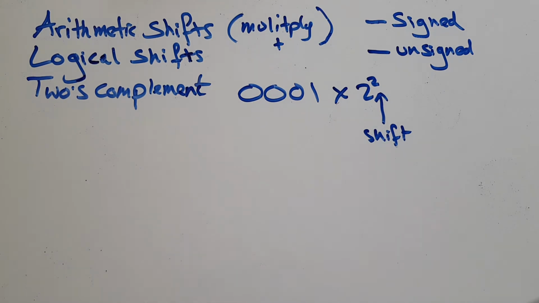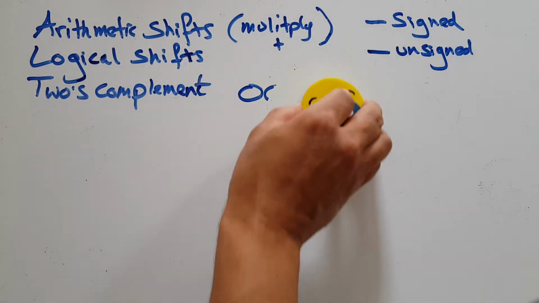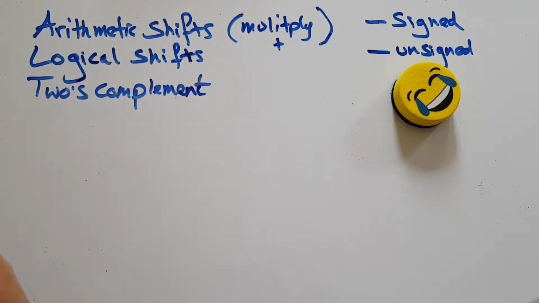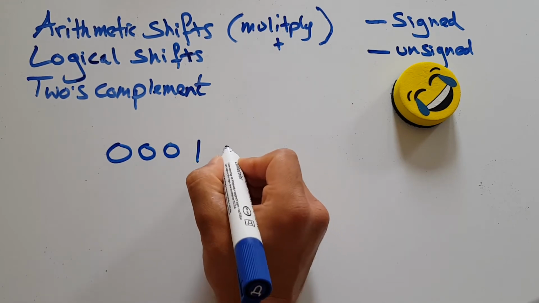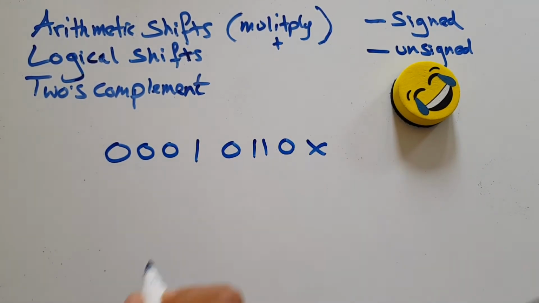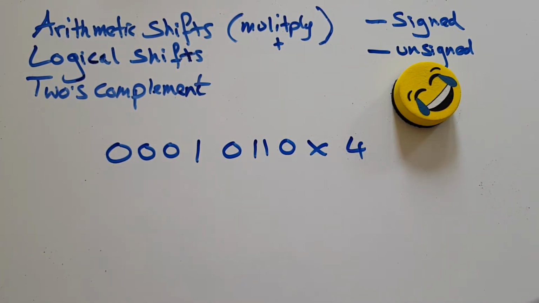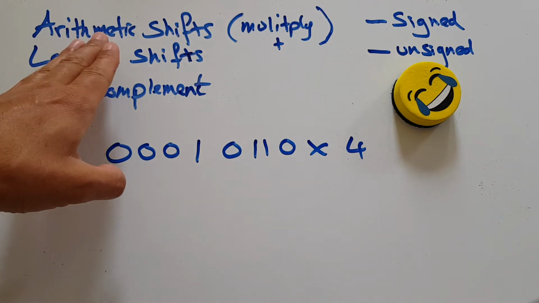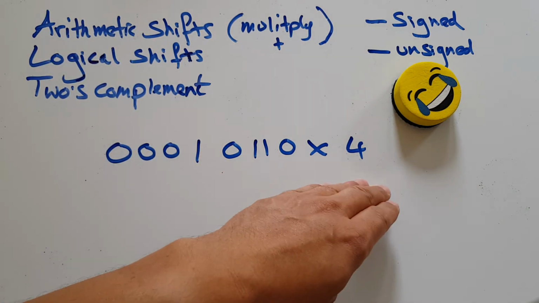Okay, so let's have a go with an 8-bit number. 0, 0, 0, 1, 0, 1, 1, 0. And let's say I want to multiply that by, I don't know, 4. Okay, so I'm using an arithmetic shift to multiply this signed integer by 4.